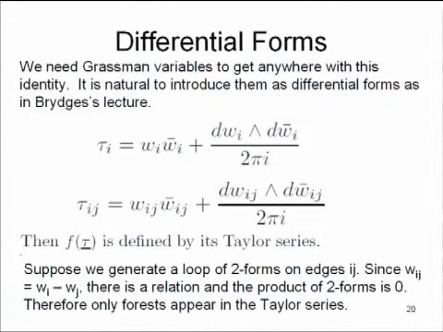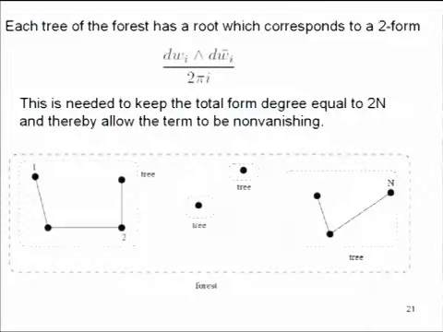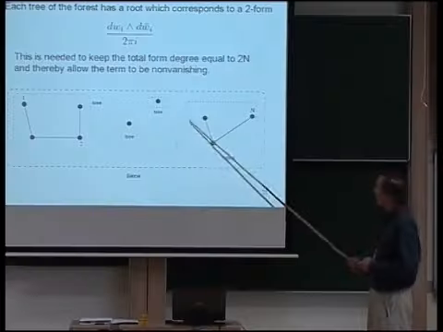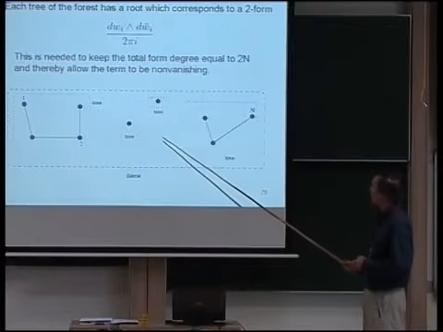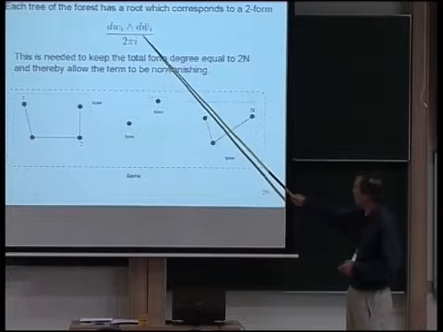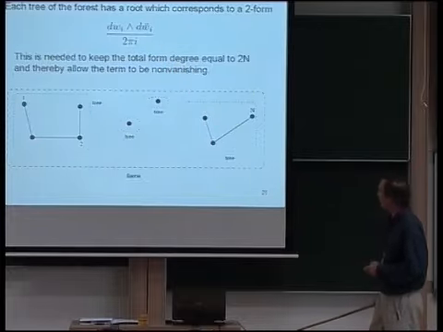And that ultimately is why when you introduce these anti-commuting variables or these differential forms, you are immediately led to formulas involving trees or forests. When you expand f of tau by means of its Taylor series, then you end up getting a bunch of forests where each link corresponds to one of these two forms, wi wedge wj, dwj.